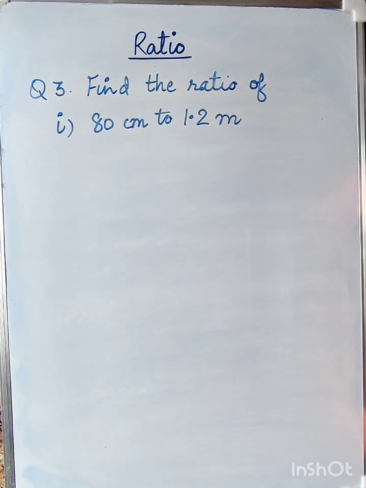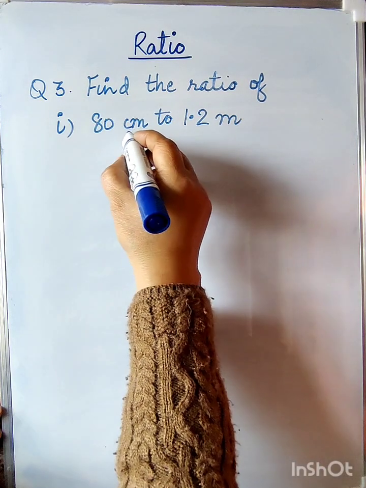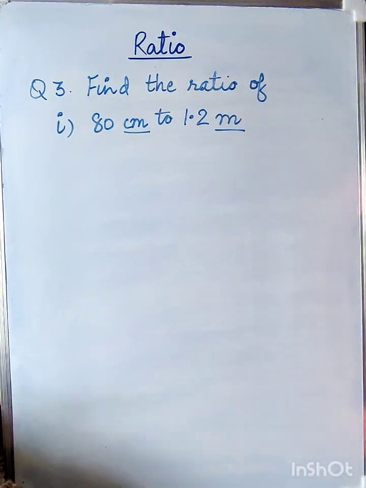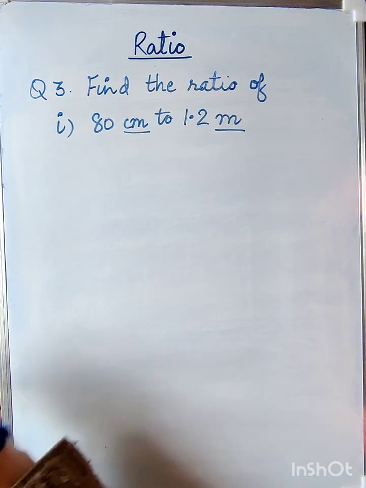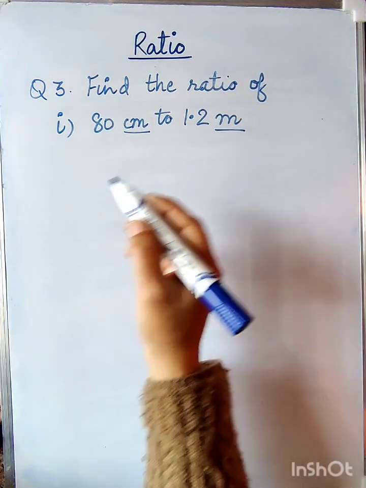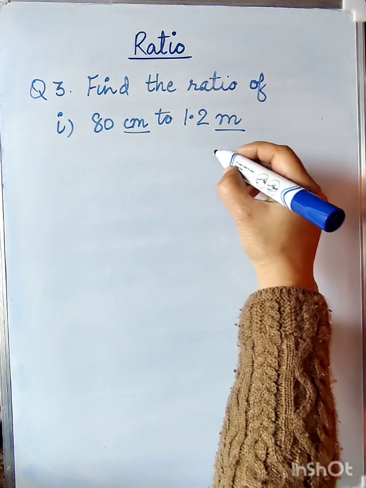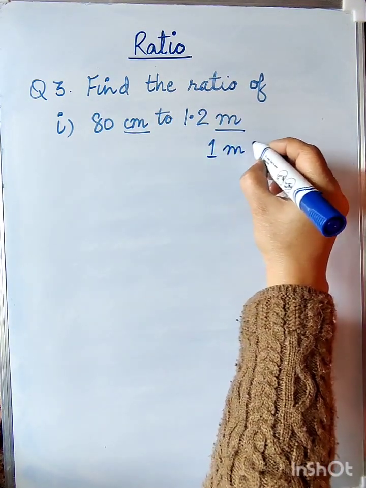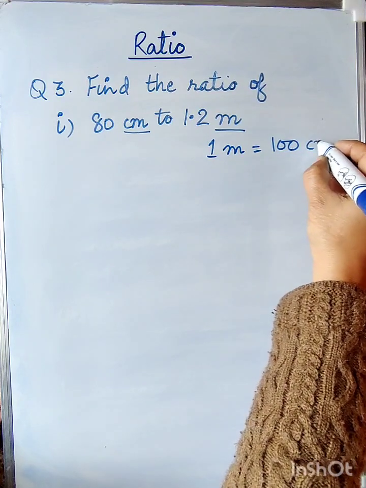So let us do one example related to ratio, where we have to find the ratio of 80 centimeter to 1.2 meter. The first thing you will check is the unit. The unit should be the same. Here we have to compare centimeter to meter, so we have to change them to the same unit. We know that 1 meter is equal to 100 centimeter.